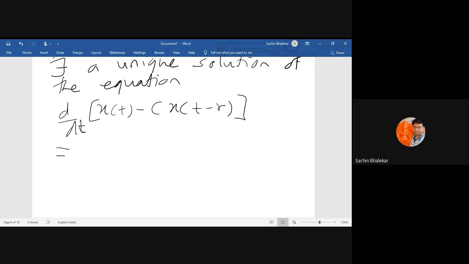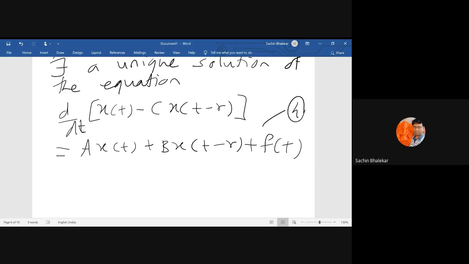So it is nothing but y dot of t equal to a x of t plus b x of t minus r plus f of t. This is an important structure. So a new meaning is given to the same equation on minus r to infinity through phi.